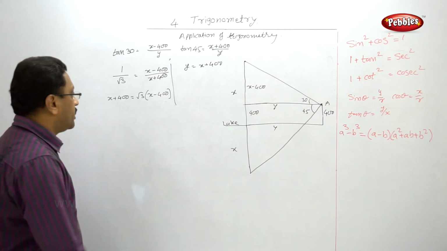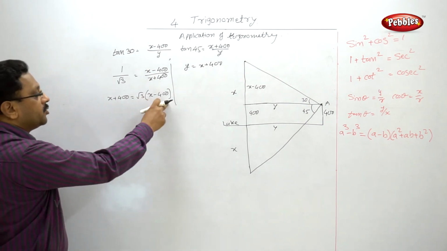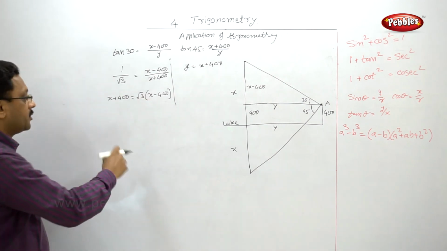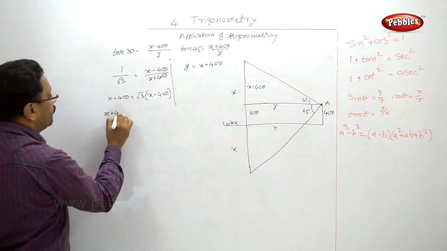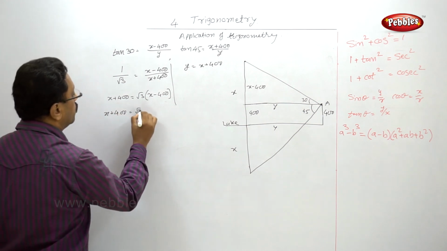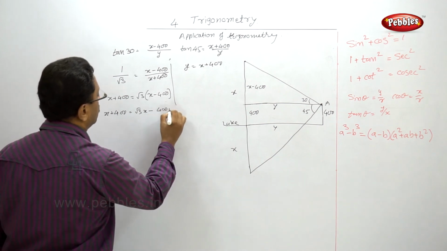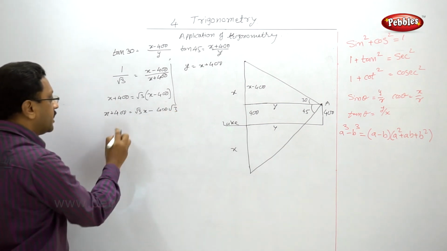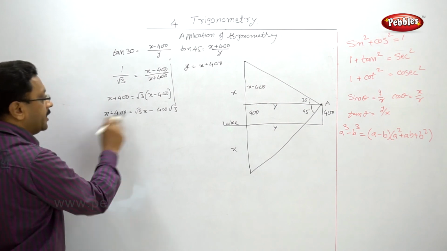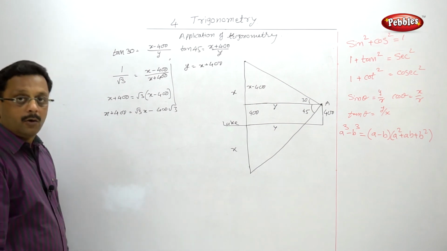Solving it further, we'll open this bracket and then transfer. So we have x plus 400 is equal to root 3 x minus 400 root 3. So I'll take x this side. So I will have x minus root 3 x.